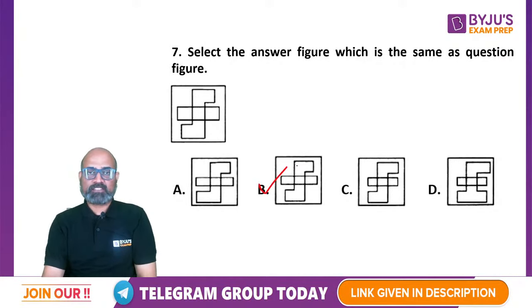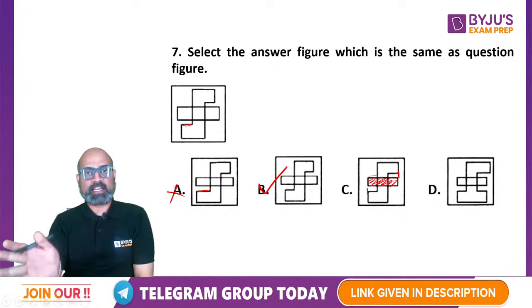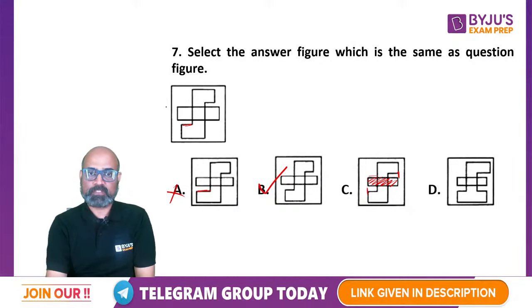So B is the answer, right? In the case of A option, this is way too long for it to be compared, right? And in the case of C, this middle horizontal bar, it stops exactly where the shape S stops. But in the question figure, it goes beyond them, right?